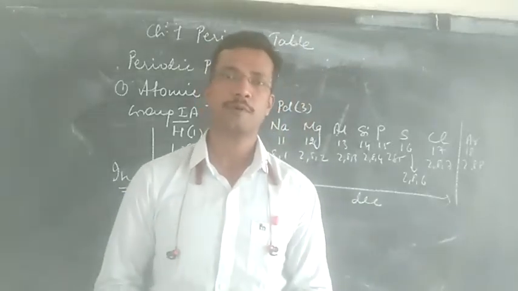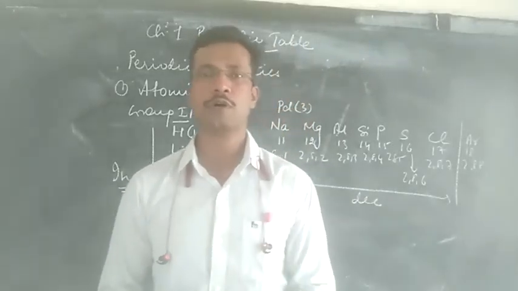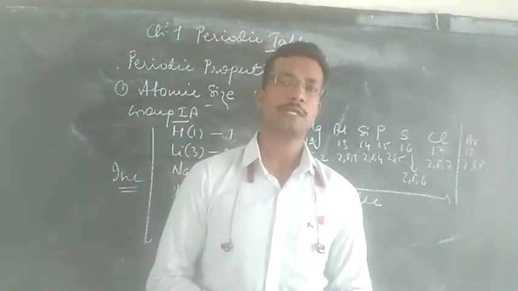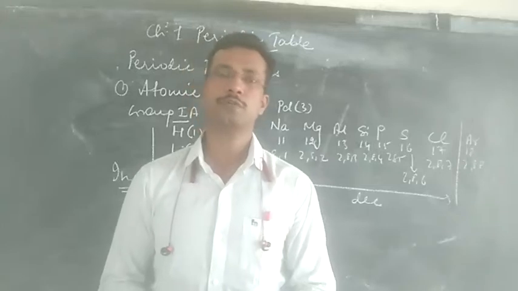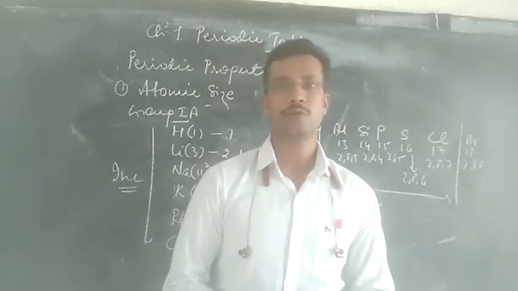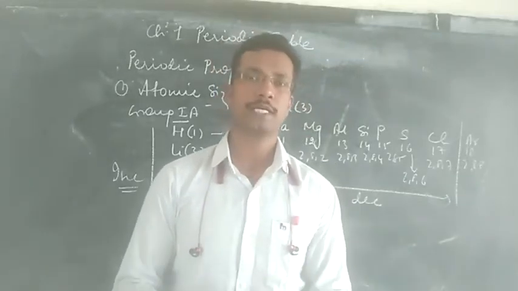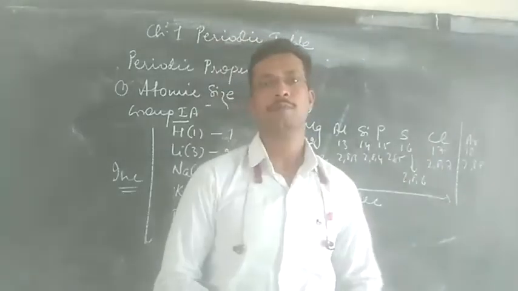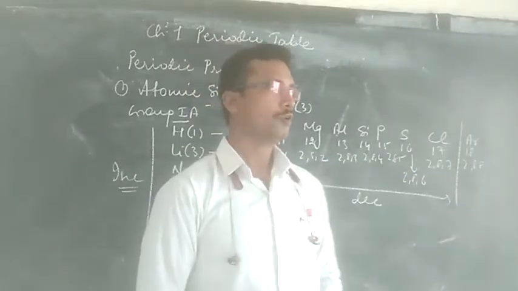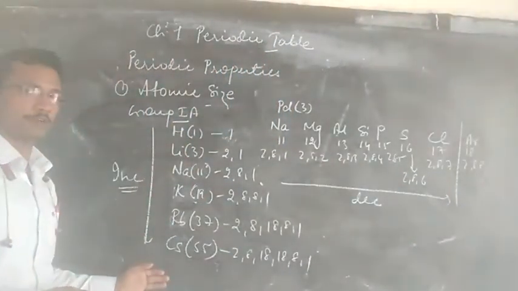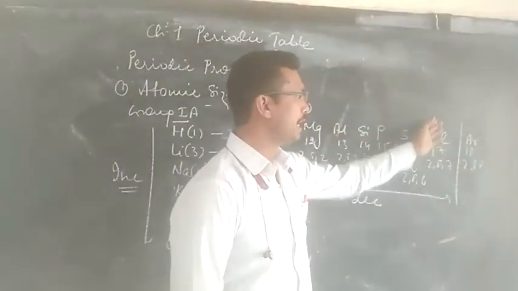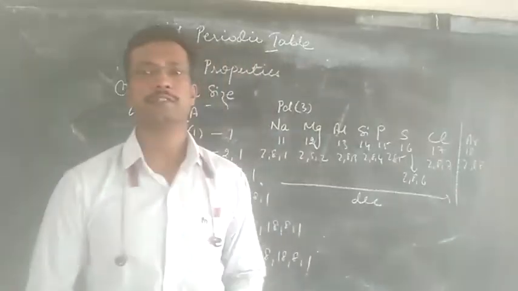Due to this, there is very strong electronic repulsion. Due to this electronic repulsion, the nuclear pull is reduced to a great extent, and so the atomic size does not decrease, and it is more than the atomic size of the halogen, chlorine. So on moving down the group, the atomic size will increase, but on moving across the period till the halogen group, the atomic size will decrease.